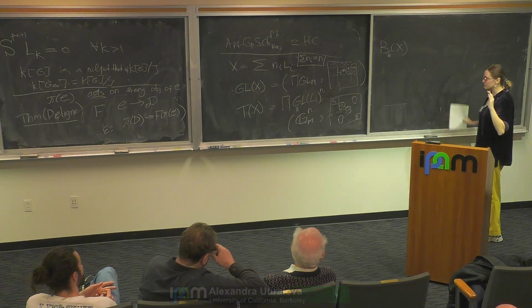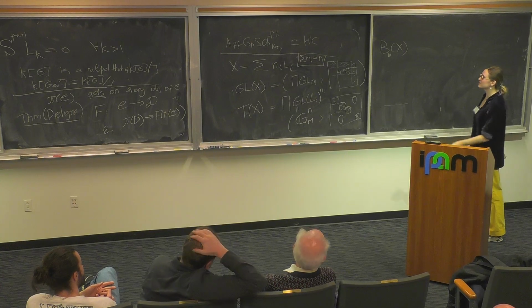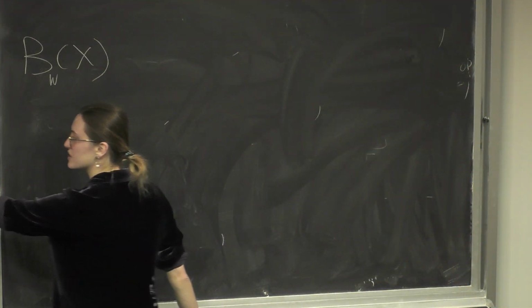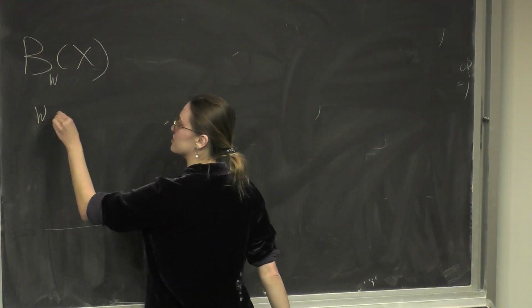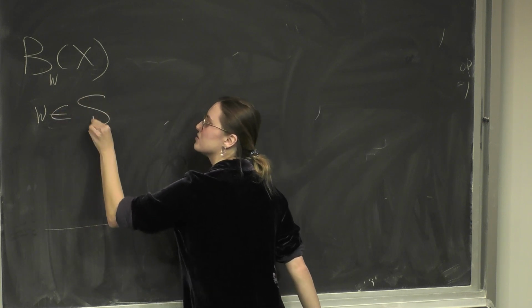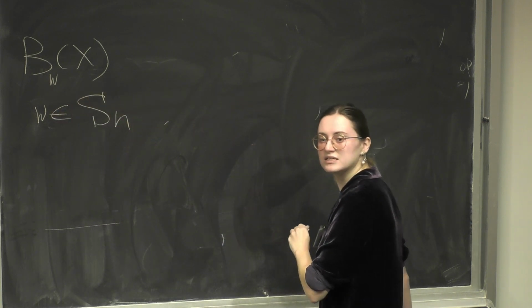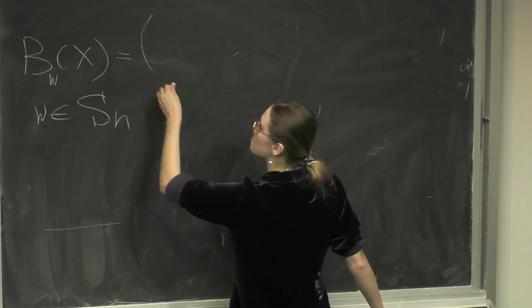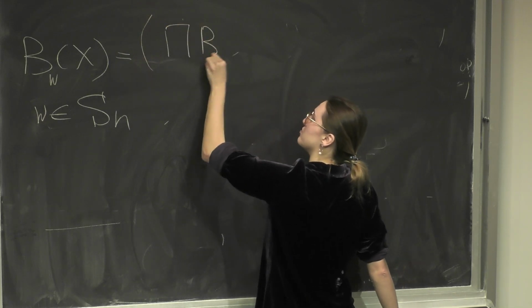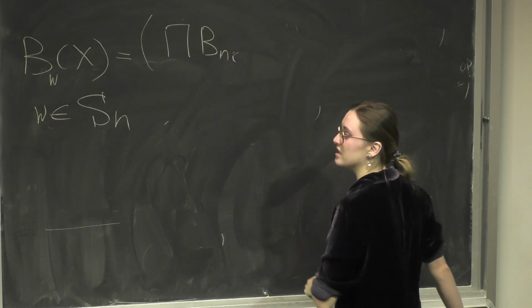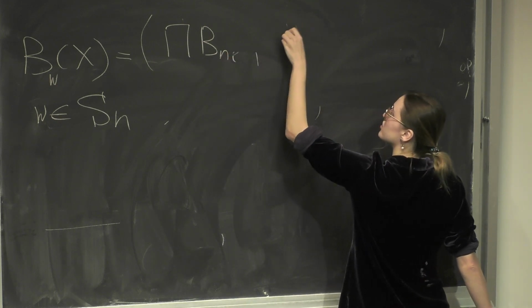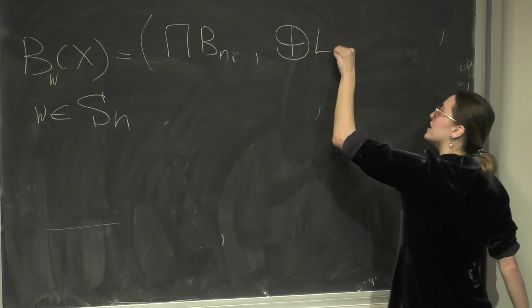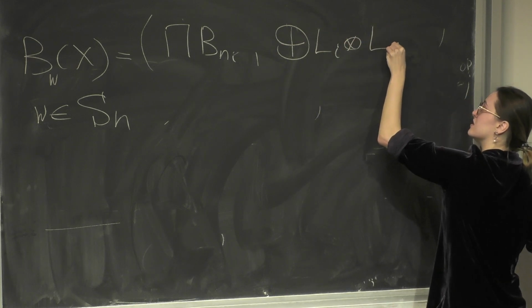We can get different choices of Borels corresponding to those orderings of Li. So w here will be an element of Sn, and this will be some choice of Borels in the even part, and here it's going to be the direct sum of Li tensor.